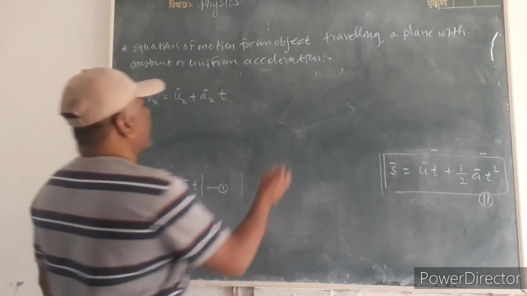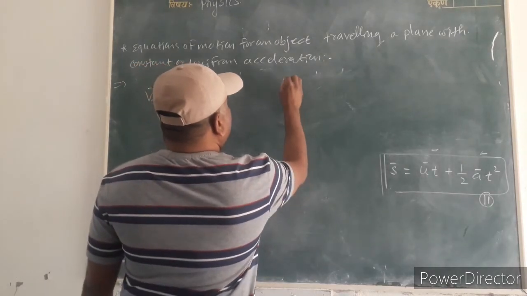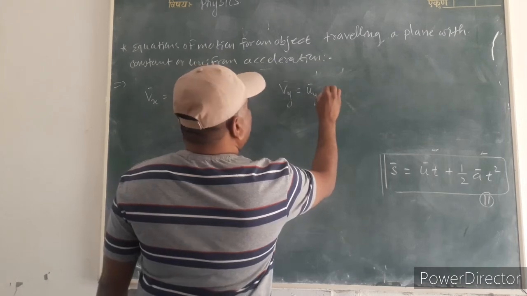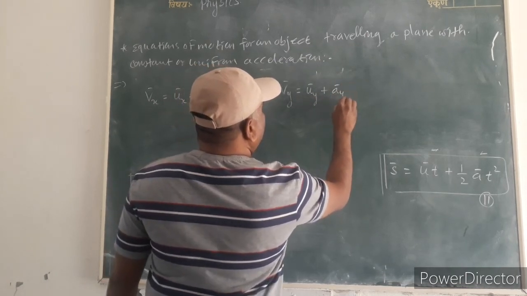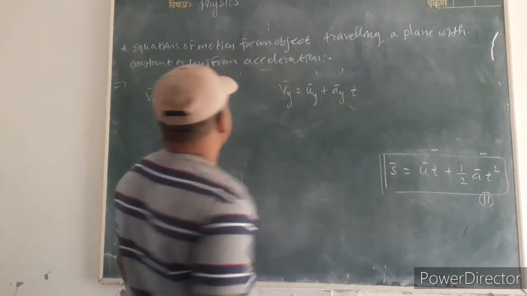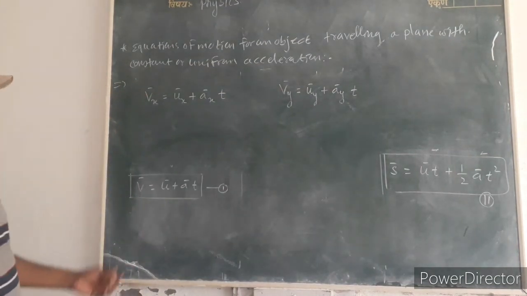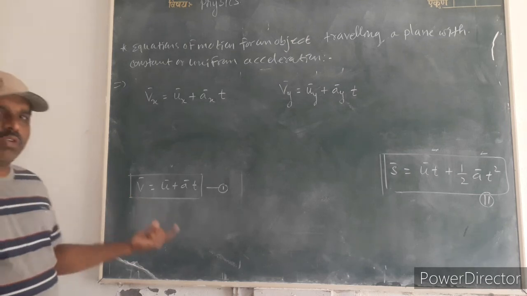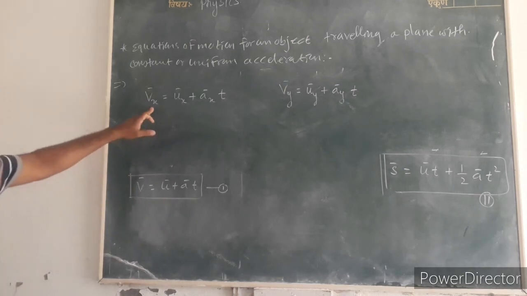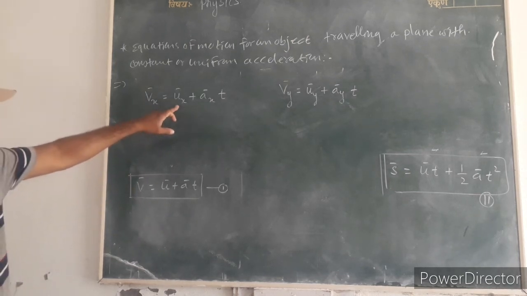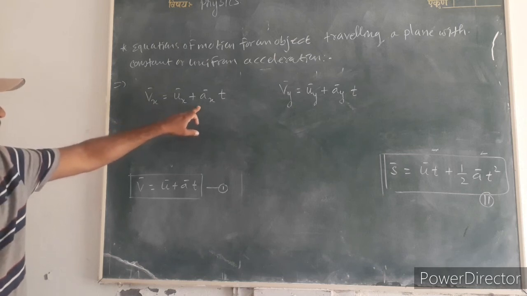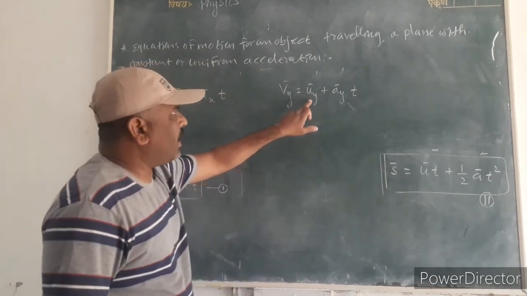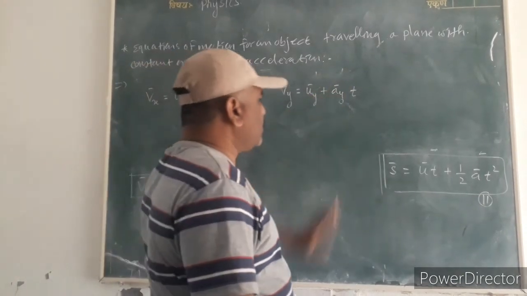And in case of y-axis, v y bar is equal to u bar y plus a bar y into t.